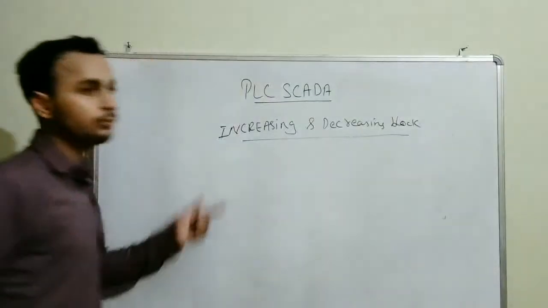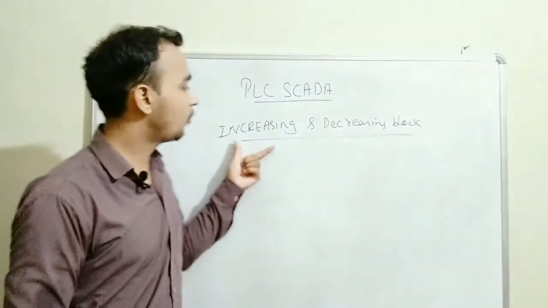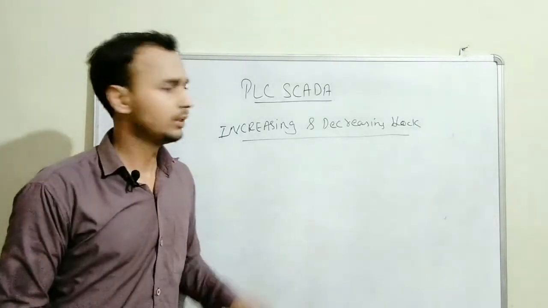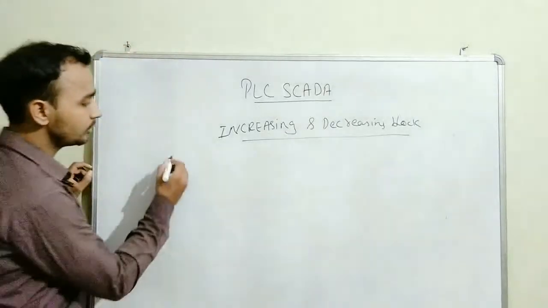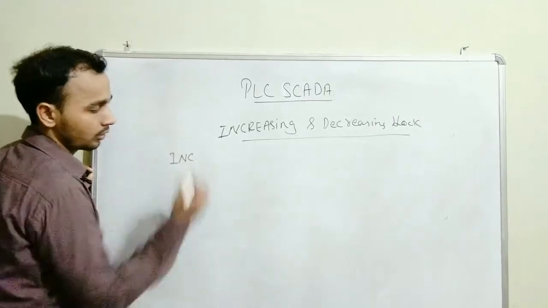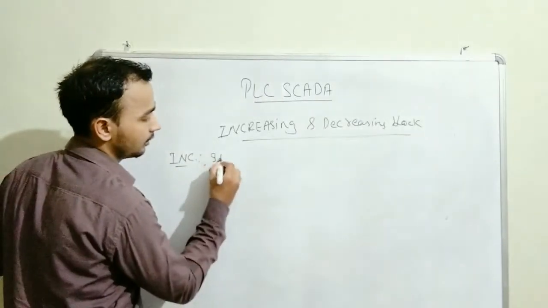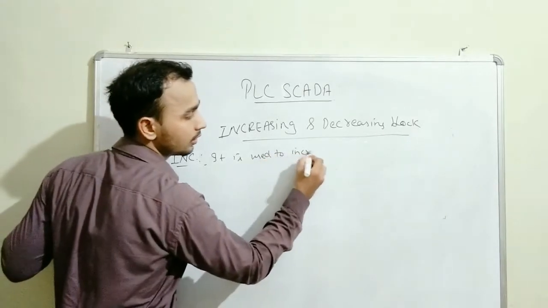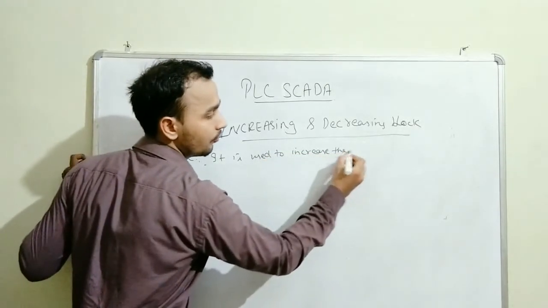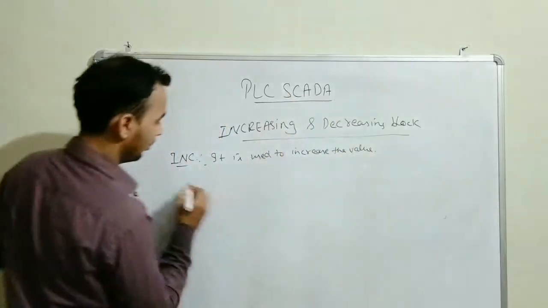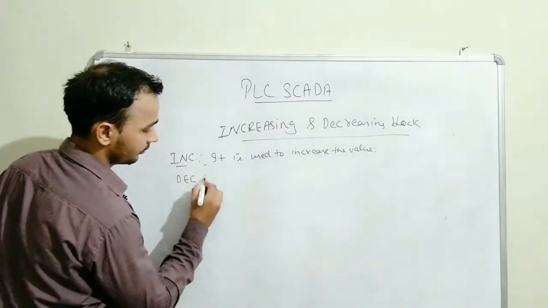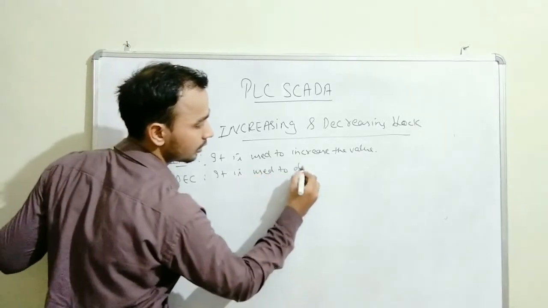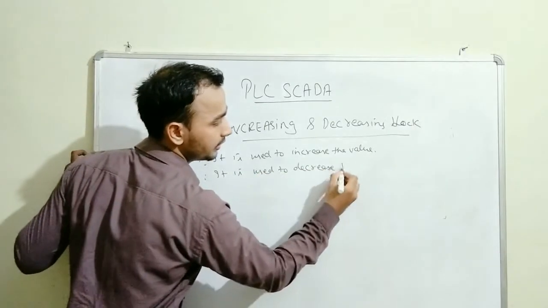These blocks are used for increasing or decreasing the value of a counter or timer. The increasing block is used to increase the value, and the decreasing block is used to decrease the value.